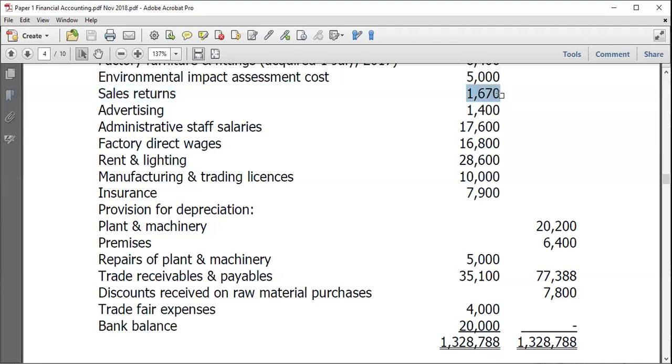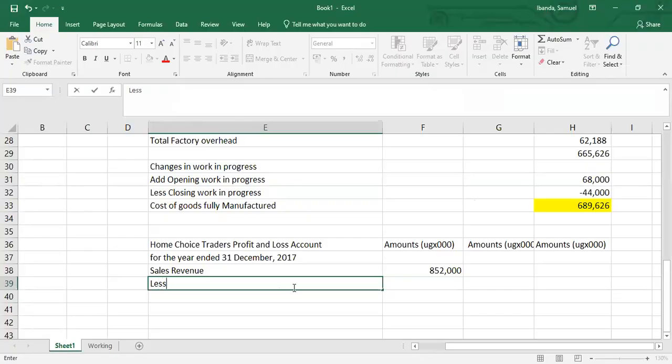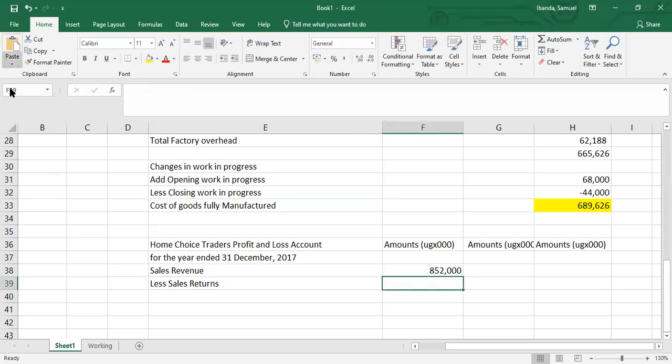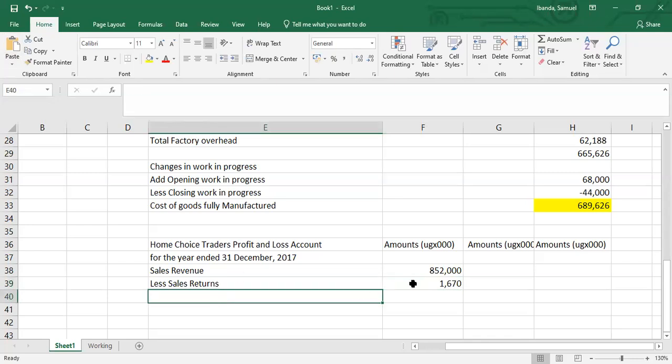Okay, so in case you see them in any trial balance, then when you're doing your P and L, you have to adjust. So less sales returns. Less sales returns. So sales returns is that. Then you're able to get what you call your net sales or your net sales revenue, depending on what you're trying to put.